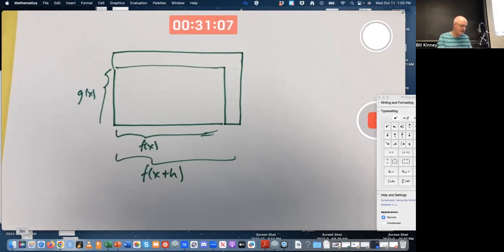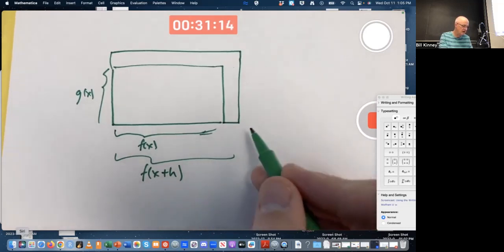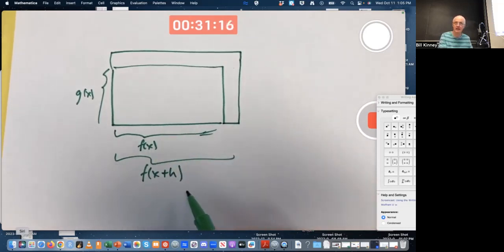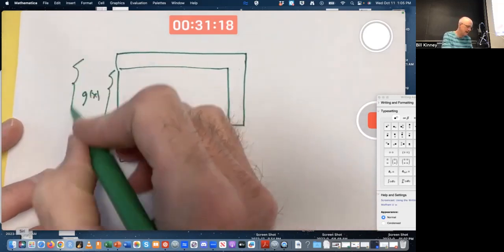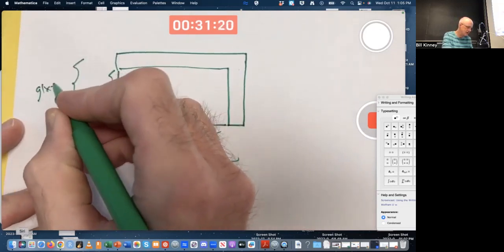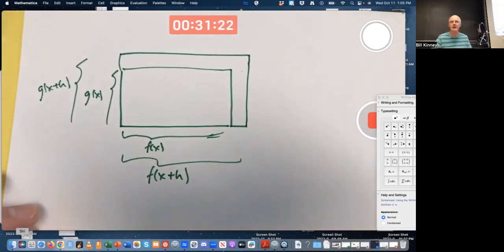So f of x plus h, where h is a tiny amount of time that has elapsed. The rectangle has grown bigger. This side length now has that length, and this one has length g of x plus h. f and g are just functions that I'm not saying what they are, that I'm imagining to represent the side lengths as functions of x, pretending x is time.